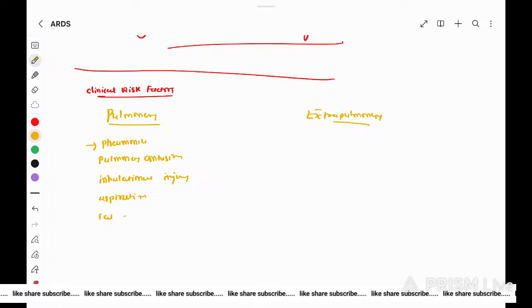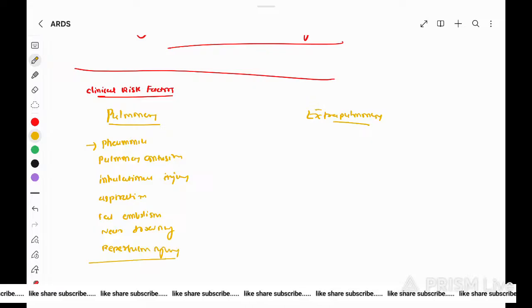Fifth is fat embolism. Sixth is near drowning. Last is reperfusion injury. So: pneumonia, pulmonary contusion, inhalational injury, aspiration pneumonia, fat embolism, near drowning and reperfusion injury.